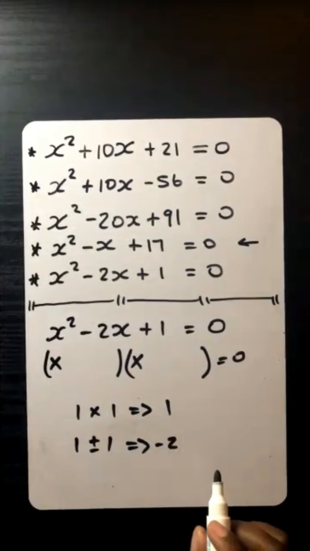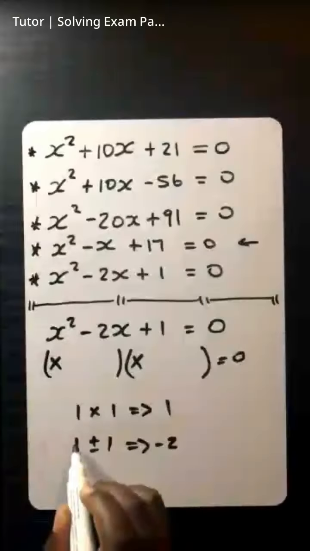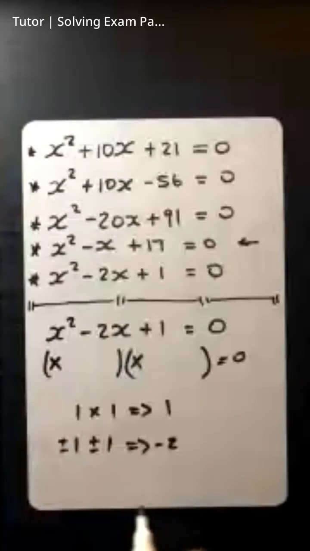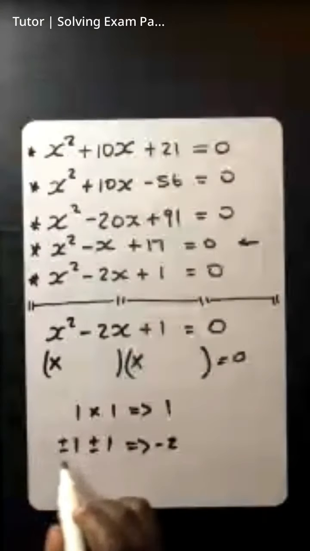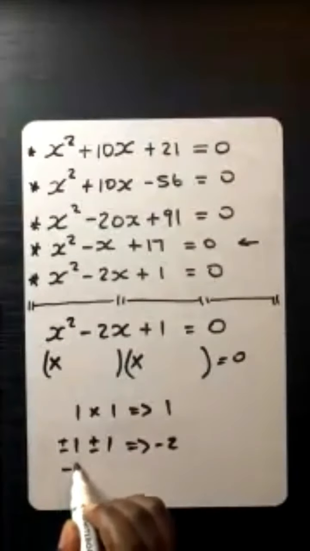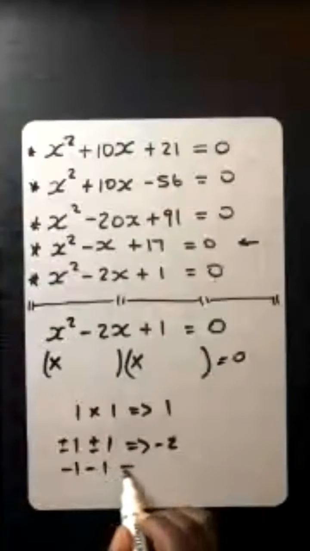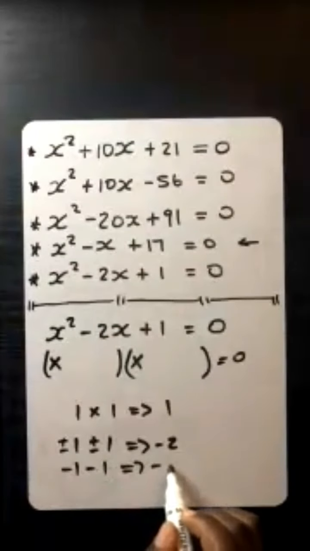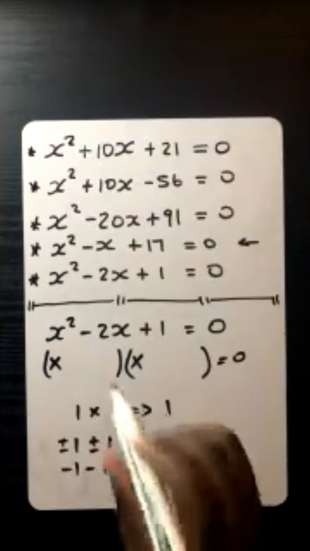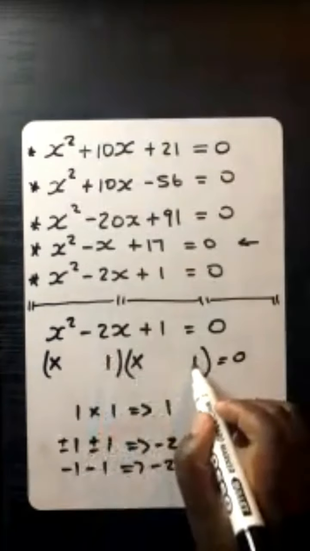So in this case, it won't just be 1 plus 1 to give me minus 2. It might need to be plus or minus, which means it has to be negative 1, negative 1 to give me negative 2. So in this case, I've got 1, 1.